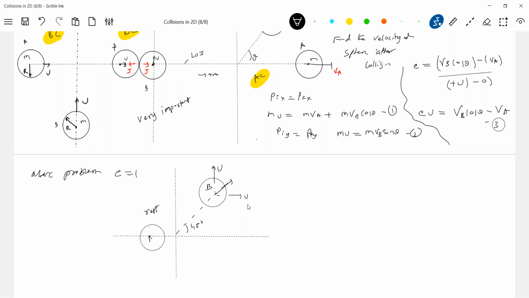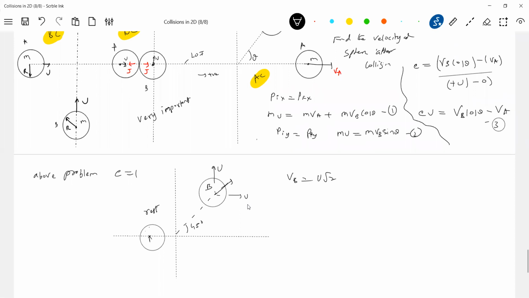Because for an elastic collision, there'll be exchange of velocities along the line of impact. The y component of velocity will not change for B, and the x component of velocity of B will be the initial x component of velocity of A. So what is the velocity of sphere B now? U root 2, and it makes an angle of 45 degrees. So the question becomes unlimited for you. Don't just confine yourself, try to analyze here.